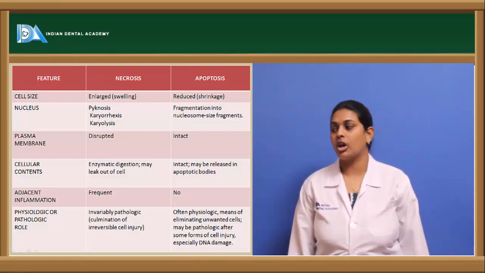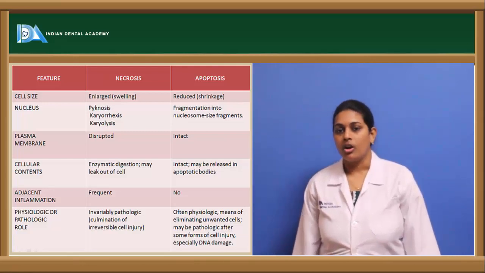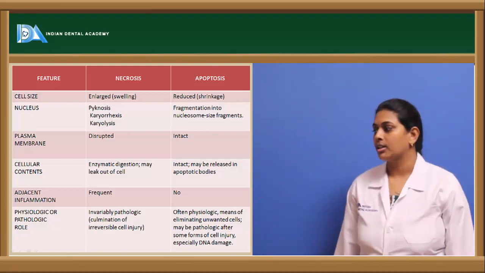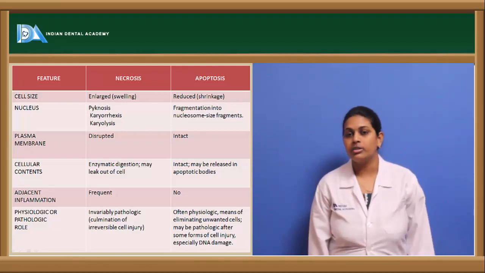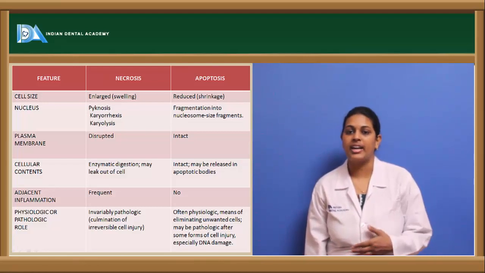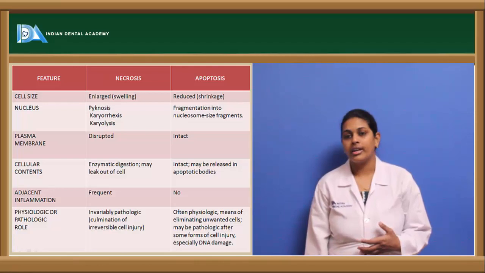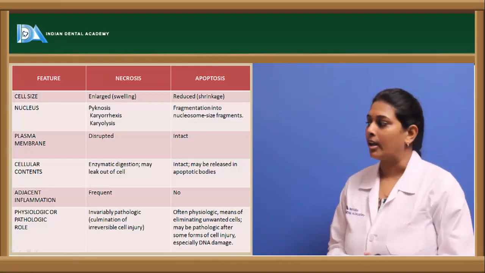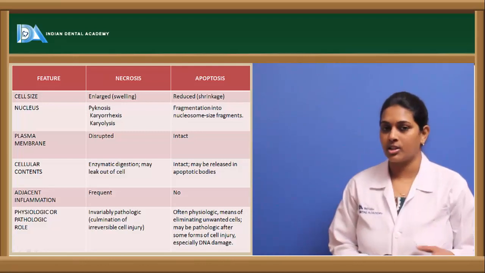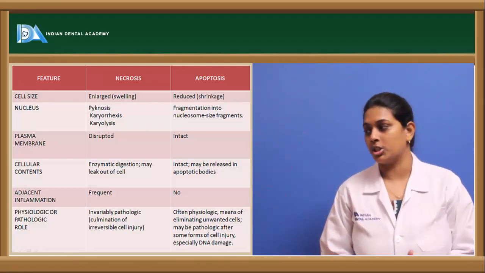Coming to the physiological or pathologic role of necrosis and apoptosis, necrosis is invariably pathological. That is, it usually occurs when there is irreversible cell injury in the body, whereas apoptosis functions as both physiologic and pathologic.